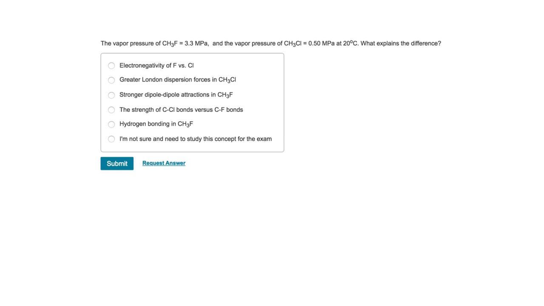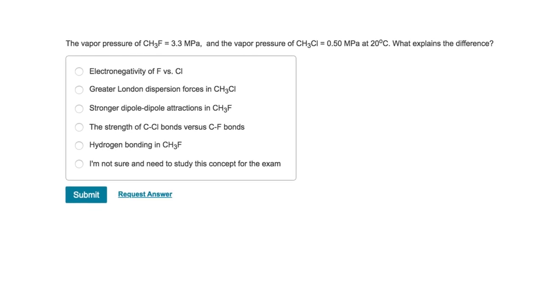Let's move on to this question here. So the vapor pressure of CH3F is 3.3 megapascals. Don't worry so much about the unit, but let's just compare to the magnitude of CH3Cl, which has a lower vapor pressure.